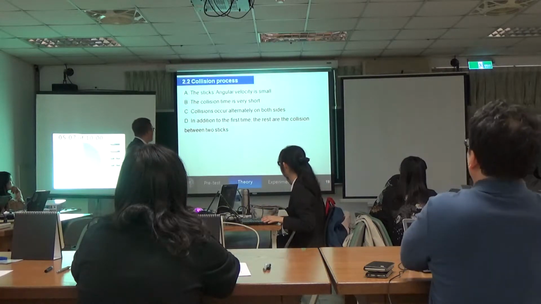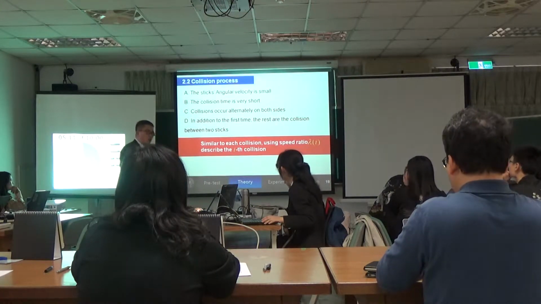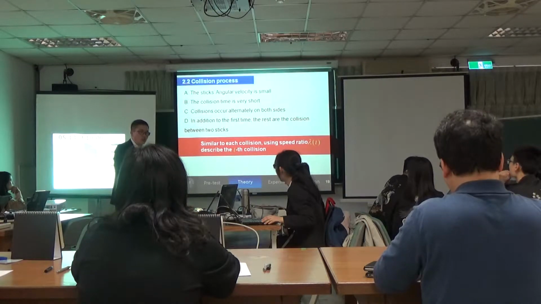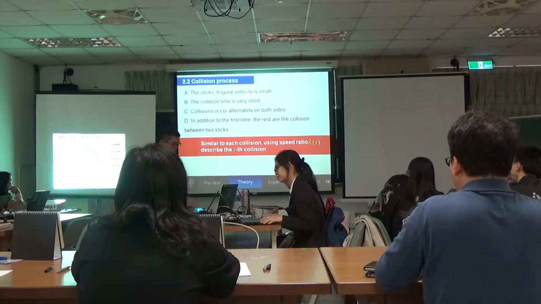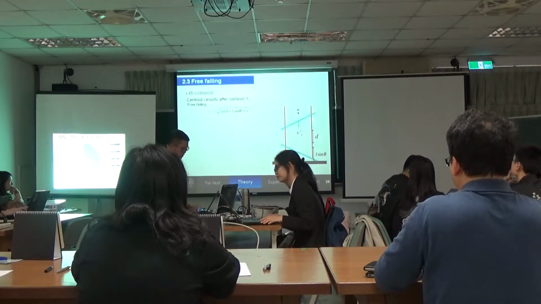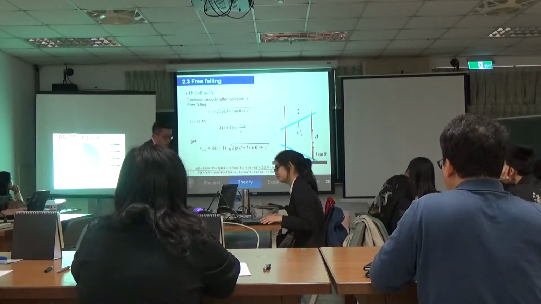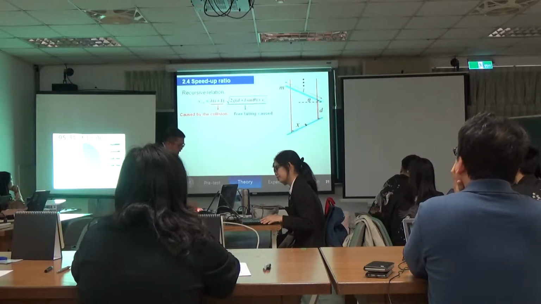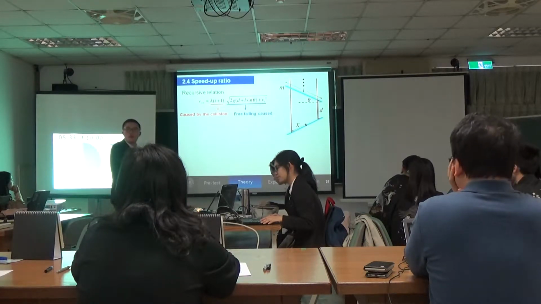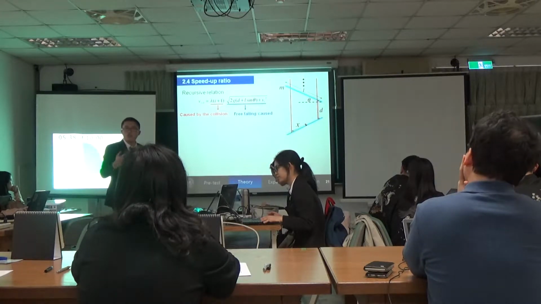These are our model assumptions. We just use these assumptions. Similar to each collision, we can use lambda i to describe the i-th velocity. By lambda i, we can write down the velocity between blocks i and i+1. By this formula, we can find that lambda is caused by the collision, and the right part is caused by the free fall.